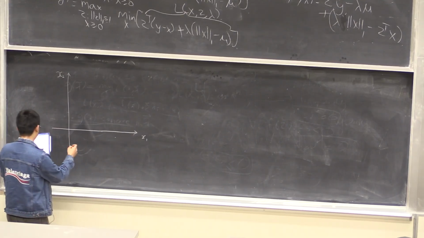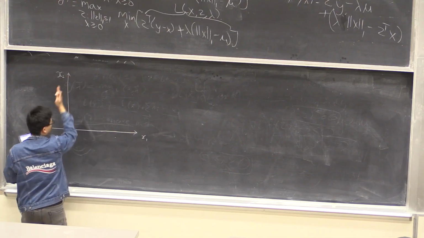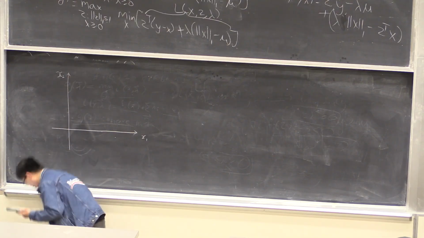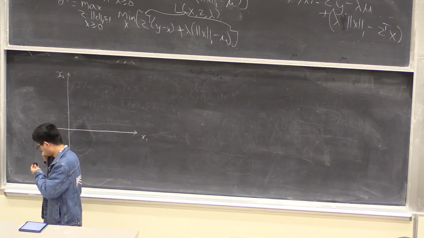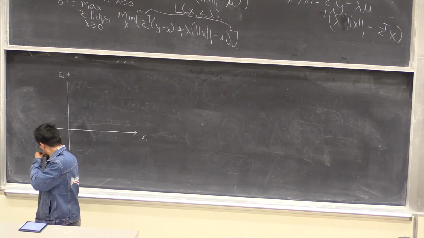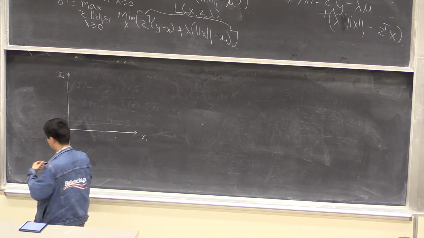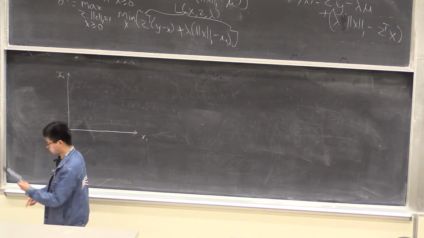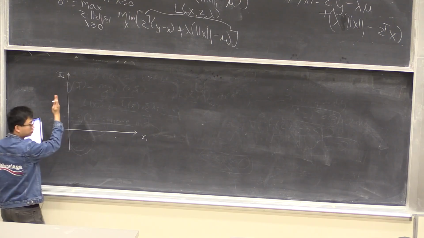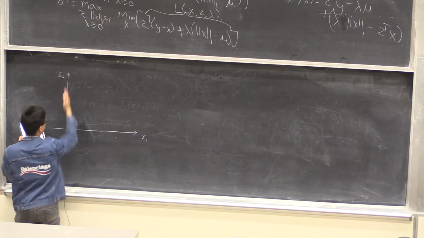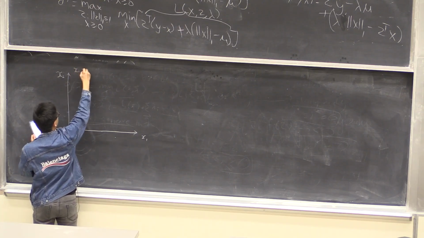So for all x1 greater than 0, it's everything from this axis to the right. So that's x1 greater than 0.